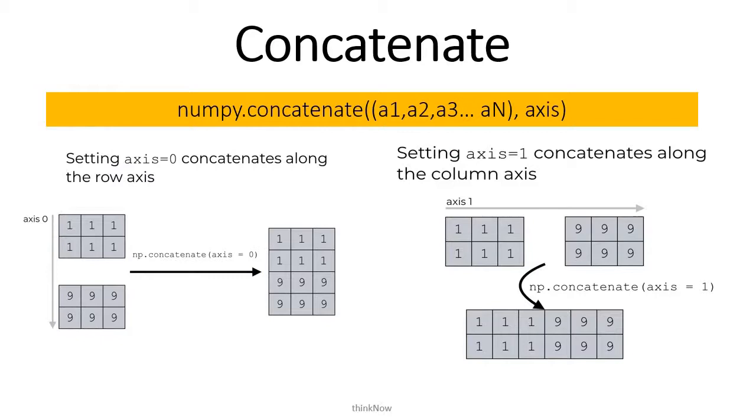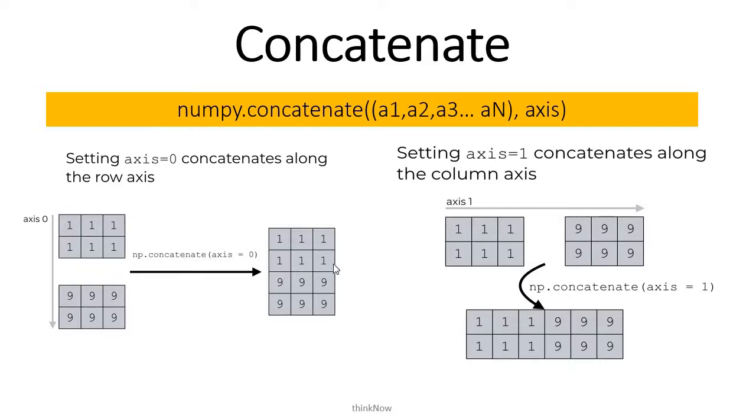The concatenate method. As the name suggests, it is used to link multiple arrays to form one array. Here there is an illustration of how this works in NumPy. There can be two types of concatenation in a 2D array.